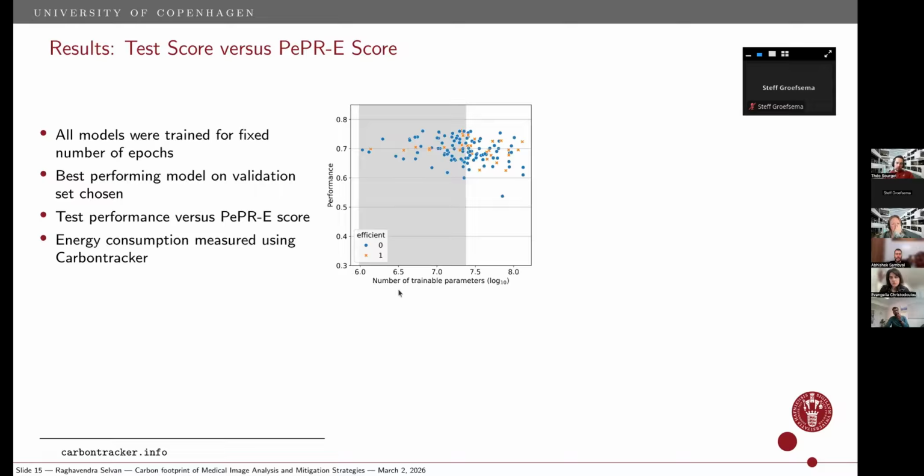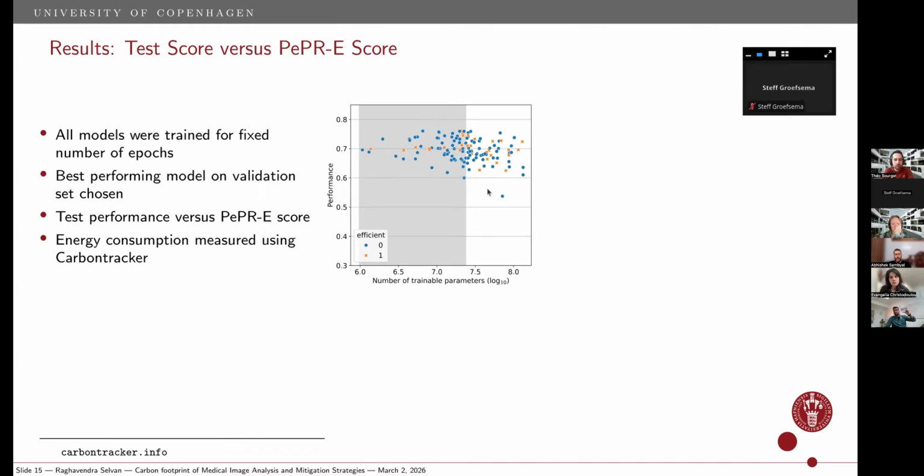So here is the performance measured as standard classification accuracy. These are all individual models, and this is how it is distributed when you look at it based on the number of parameters. What you basically see is that, irrespective of whether you have a small model or a really large model, the performance depends on what tasks these are.